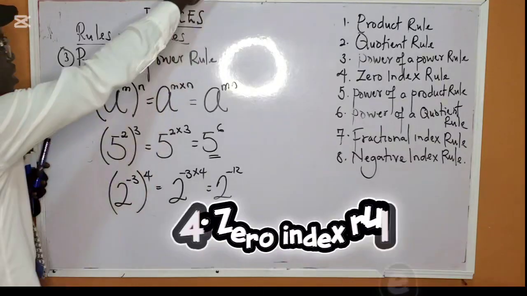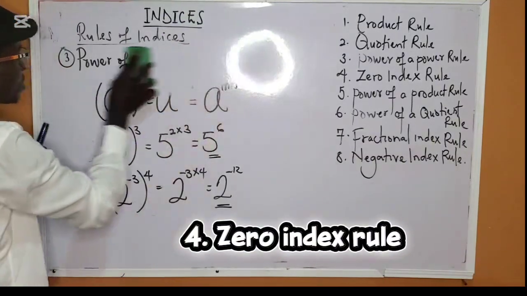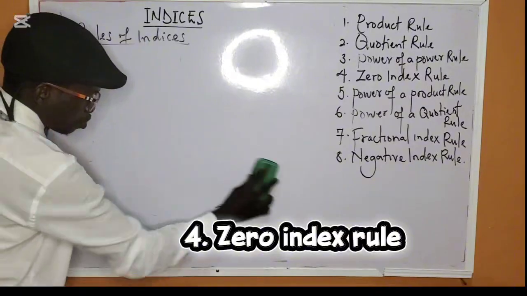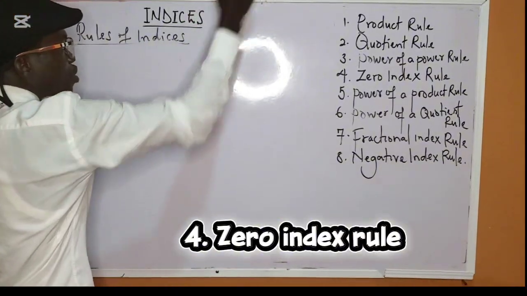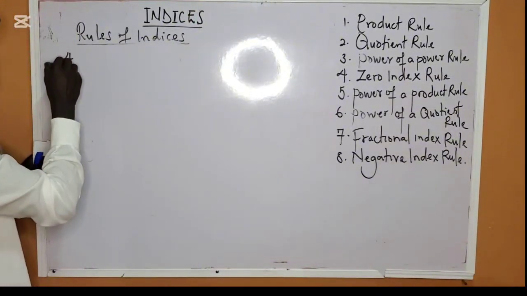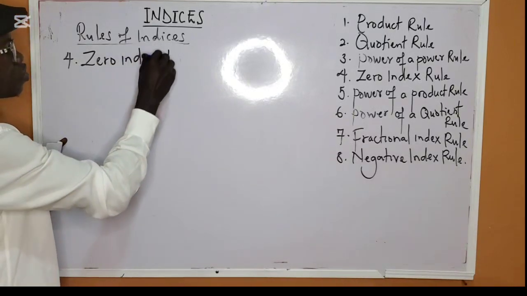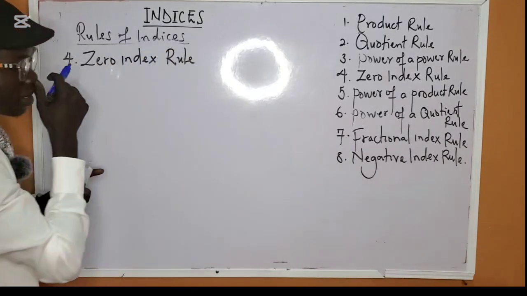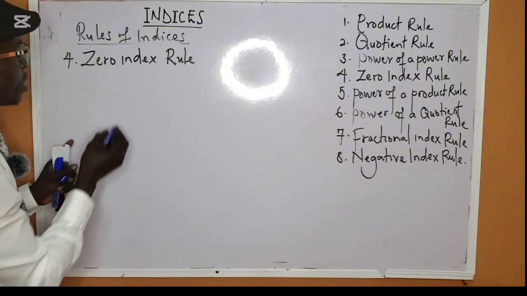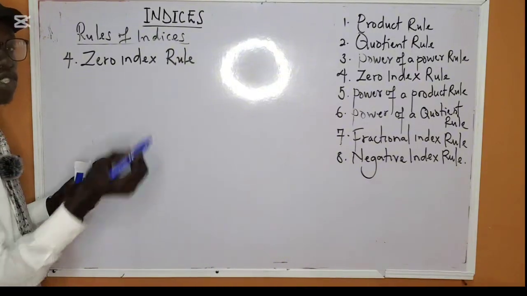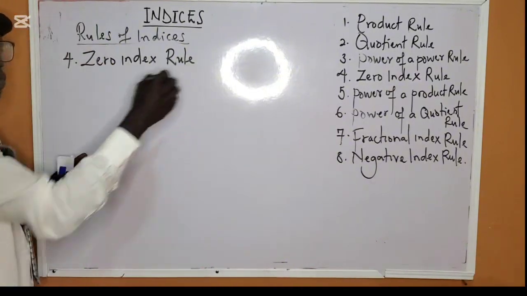The next one is the zero index rule. Number 4, zero index rule. This says that when a non-zero number is raised to the power of 0, the answer equals 1.